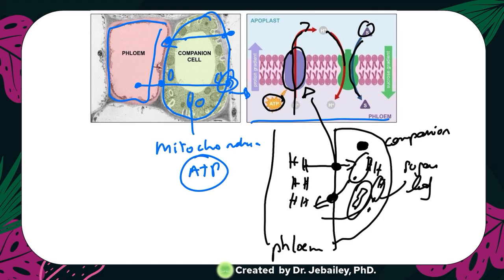Another hydrogen and sugar move back to the phloem through these active transports. So the hydrogen is coupled with the sugar through the channel to move to the phloem. But for this to happen, you need the hydrogen to come into the apoplast, or in this case into the companion cell, and then eventually go in.